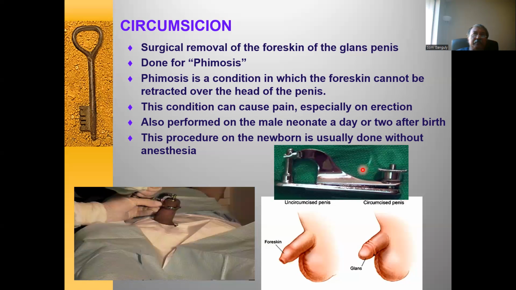And they will put Vaseline gauze as dressing, and it will recover very quickly. Newborn, they don't even need any anesthesia for this type of case. Circumcision.